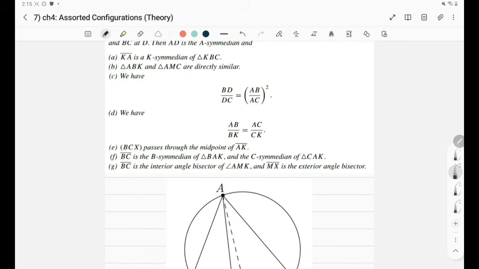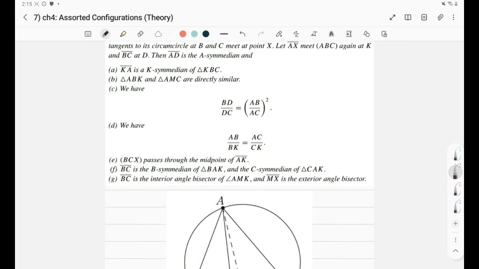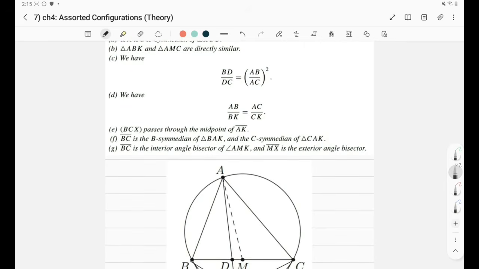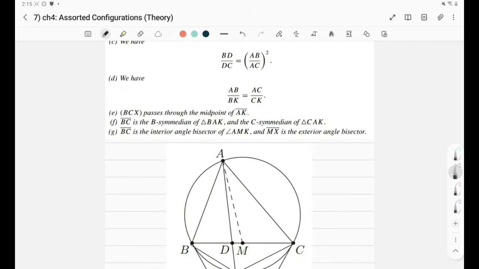Now let's move on. They are telling us we have BD over DC is equal to AB over AC all squared. So this one here, BD over DC is equal to AB over AC all squared. And this one you should actually immediately recall the proof of, because you already proved it.